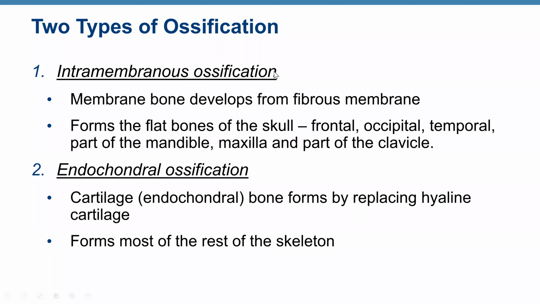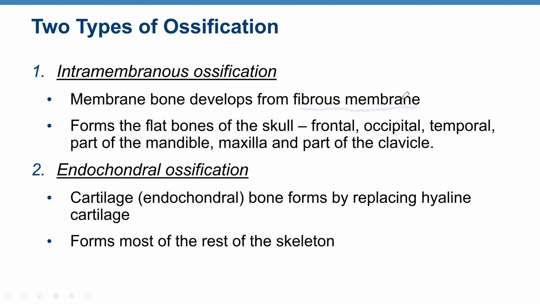When we talk about ossification or formation of bones, we have two types of ossification, intramembranous and endochondral. The word intramembranous means ossification happens inside a membrane, and endochondral tells you that ossification happens inside the cartilage, because chondral means cartilage. So in intramembranous ossification, bone develops from fibrous membrane.